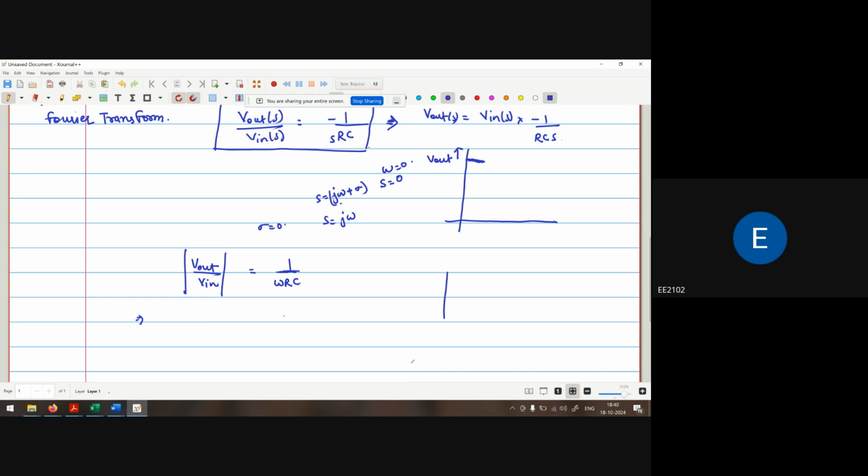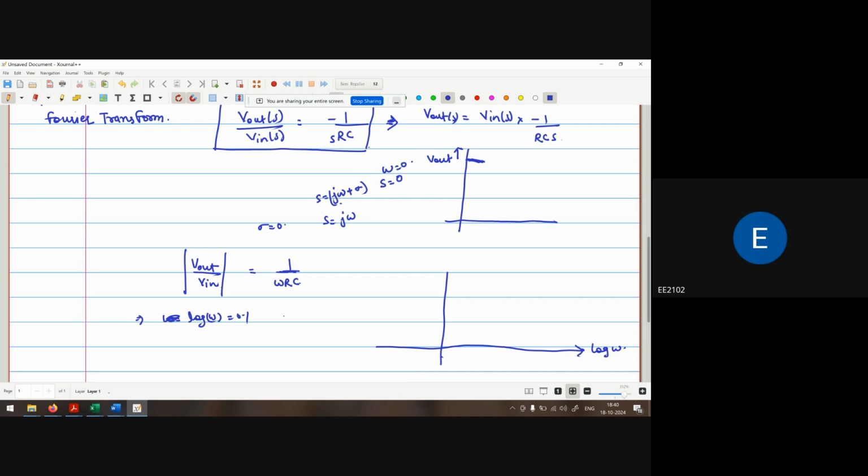So this is my value. Here I put the value of omega, or rather log of omega. Now, if log of omega is 0.1, because if you remember, the Bode plot will never start from zero.